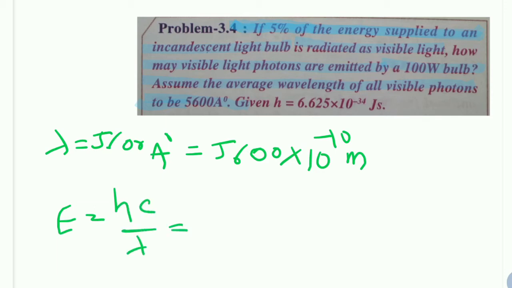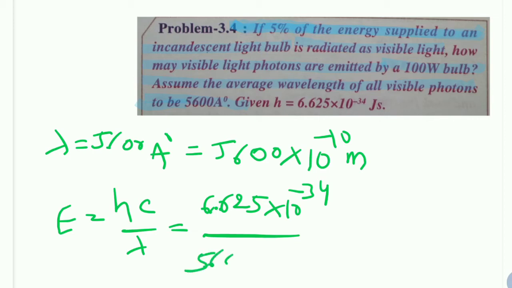The h value is 6.625 into 10 to the power of minus 34, lambda is 5600 into 10 to the power of minus 10 meters, and the c value is 3 into 10 to the power of 8 meters per second.